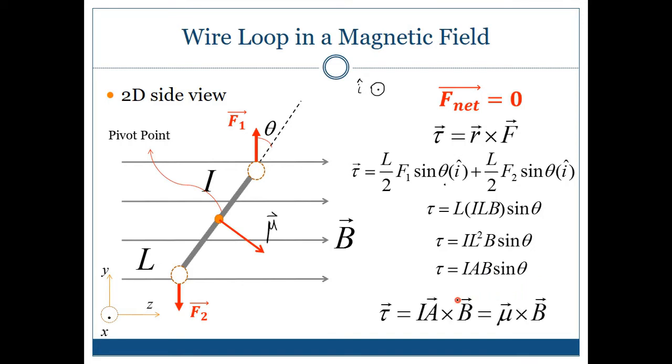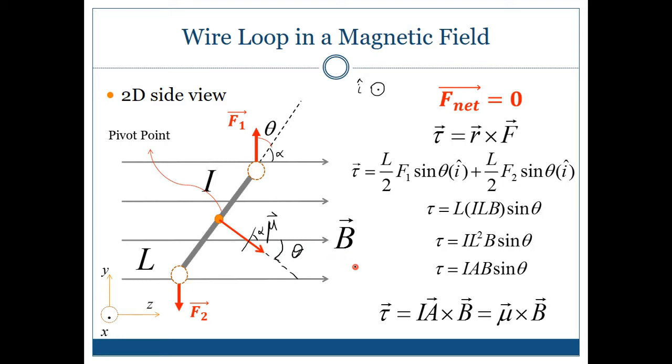Well, I times A was the magnetic moment, and this is just like the cross product of two vectors because this theta is actually the angle between mu and B as well. So this angle is actually alpha, 90 minus theta, which is also this angle, alpha. So here, the angle between mu and B is also theta.